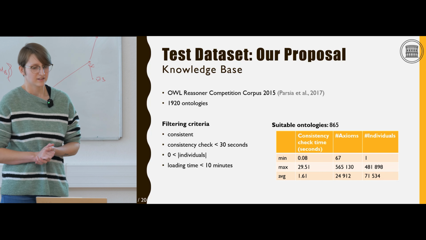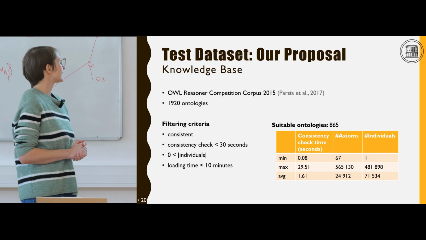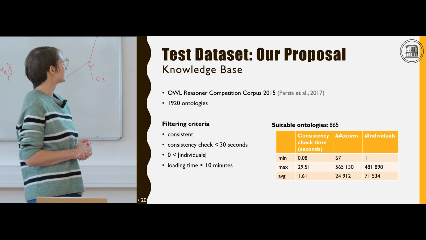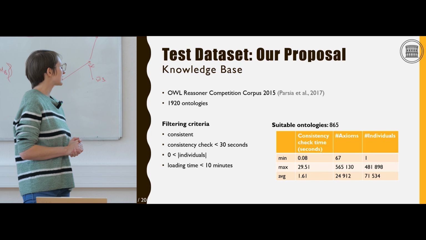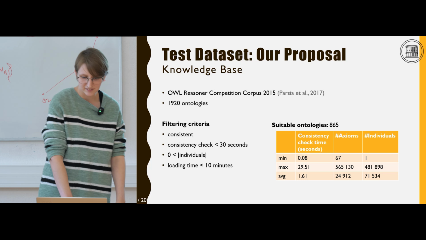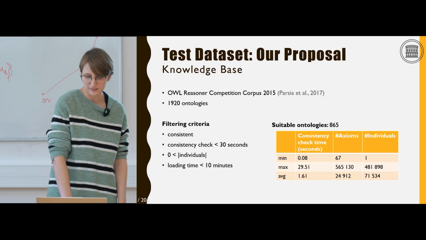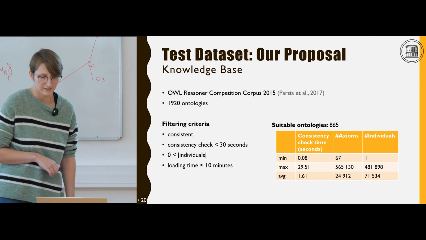So the ontologies that met these criteria were around 80-65, and here is a table which summarizes their properties. As we can see, they really vary in the count of axioms and individuals.